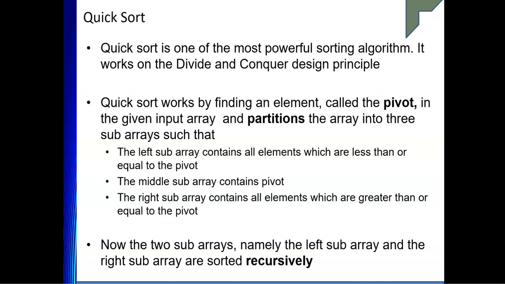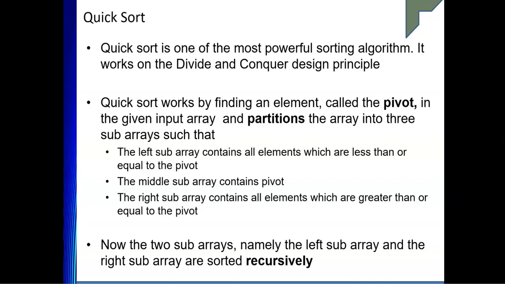We have to find one particular element, and that element we call the pivot. Based on that pivot, we will partition the entire array into two parts. One part will contain all the elements whose value is less than the pivot, and the other part will contain all the elements which are greater than the pivot.